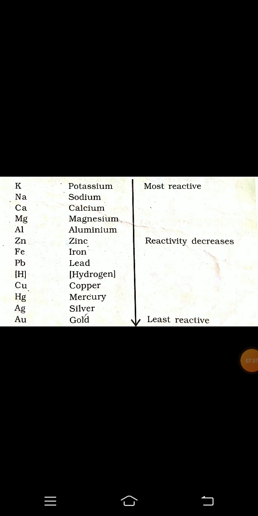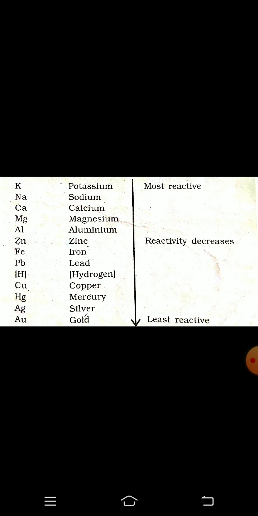But if we have a reaction between copper and iron sulfate, copper plus iron sulfate, will copper displace iron from its salt? No, because FeSO4 is a salt of iron, right? And copper is less reactive than iron. That is why there will be no reaction, which means copper will not displace iron from its salt solution.